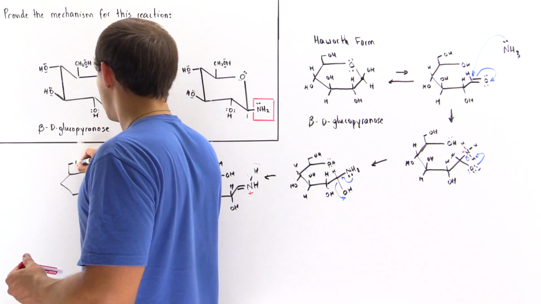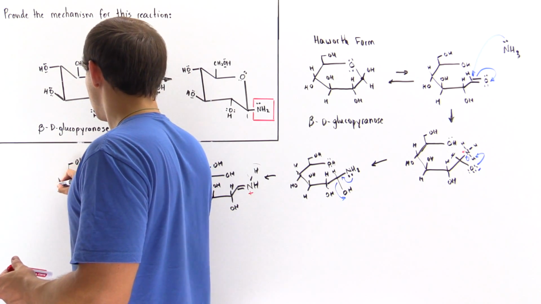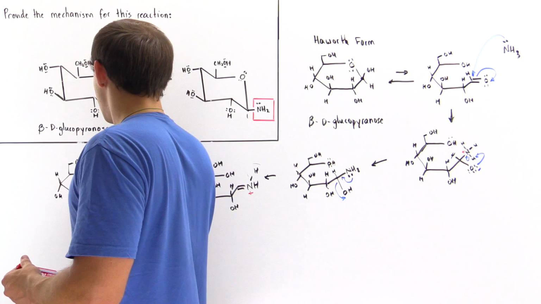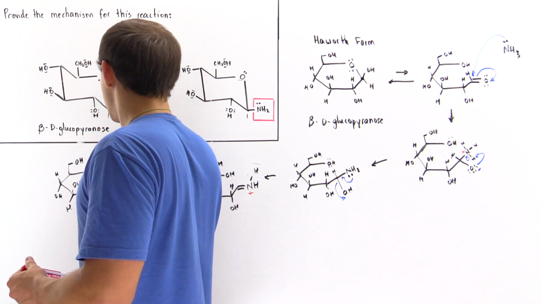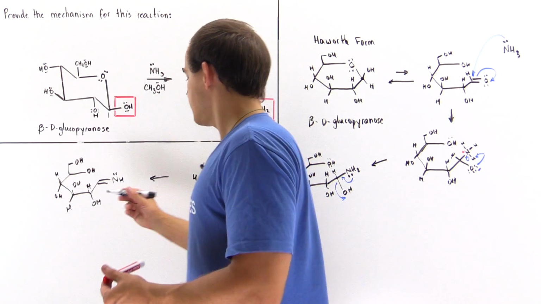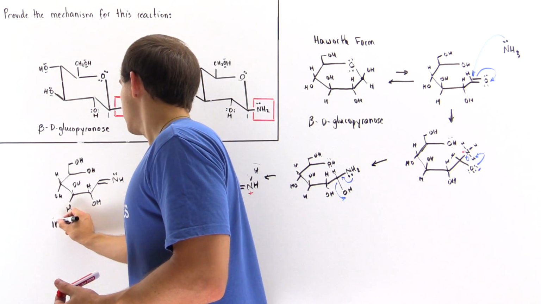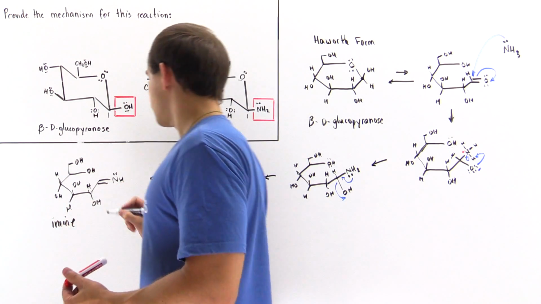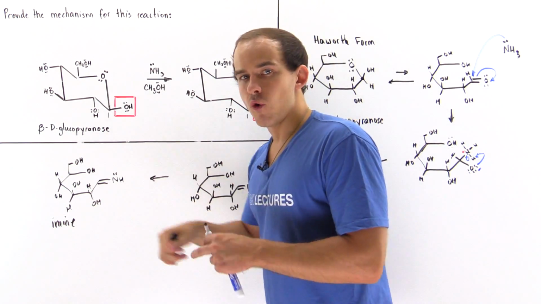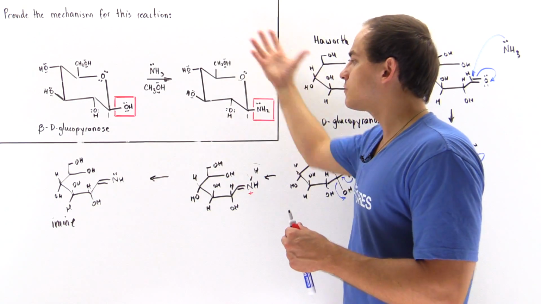OH here, H goes up, OH goes down, OH goes up, H goes down, H goes up, OH goes down, and this is our imine intermediate. Now, this imine is the open form of this closed form.